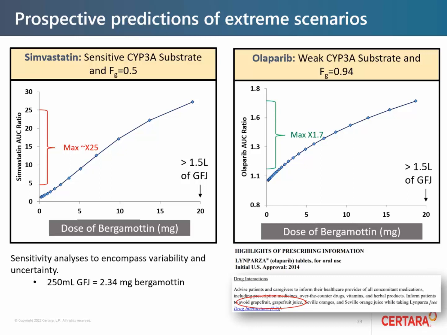You can see that because of the mechanism of bergamottin inhibition, mainly through the gut, the FG is a driving parameter for sensitivity to bergamottin. What was interesting is that with simvastatin, with 20 milligrams of bergamottin, about a 25-fold change in the AUC ratio was predicted. However, for olaparib, only a 1.7-fold increase in the AUC ratio was predicted, so much more modest compared to simvastatin.